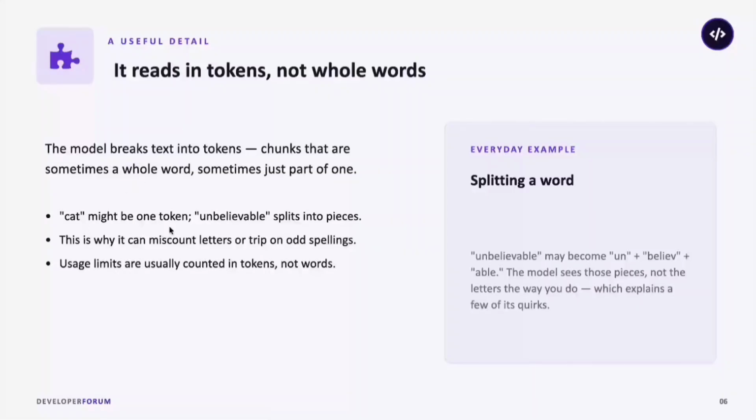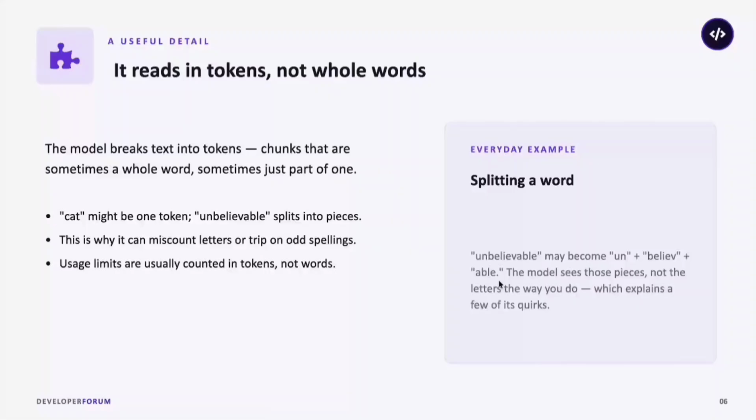A longer word like "unbelievable" will be split into pieces. For example, "unbelievable" may become "un" plus "believe" plus "able." Why does this matter to you? Because it explains some of the model's quirks. It's why an LLM can sometimes miscount the letters in a word or stumble on very unusual spellings.